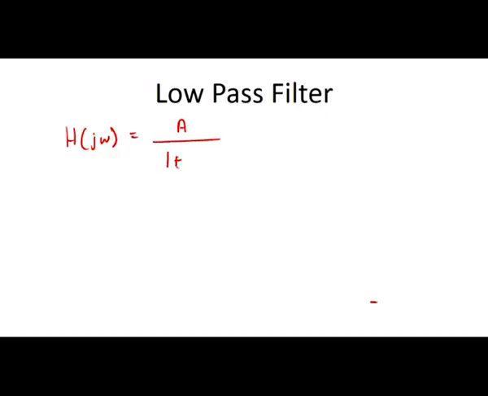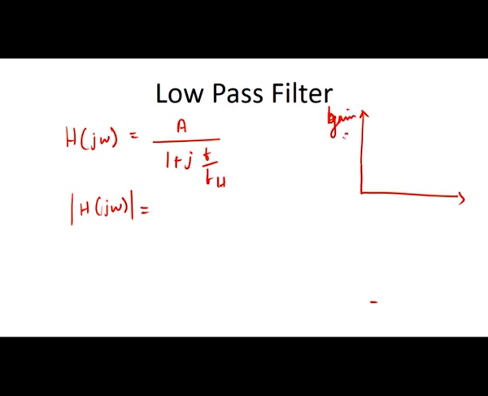The transfer function of the filter h of j omega will be equal to A by 1 plus j f by fh. So, this is the formula we have derived, and if we take the magnitude of the transfer function, because for the filter response we will be taking the gain in dB, here the frequency of the input signal has been taken along the x axis.